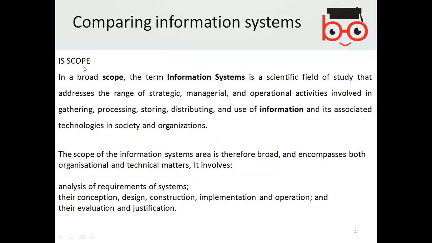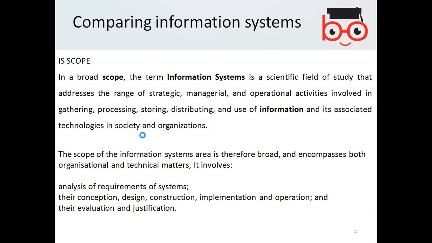Now, scope. As far as the information system scope is concerned, in a broad sense, the term information system is a scientific field of study that addresses the range of strategic, managerial, and operational activities involved in gathering, processing, storing, distributing, and using information and its associated technologies in society and organizations.